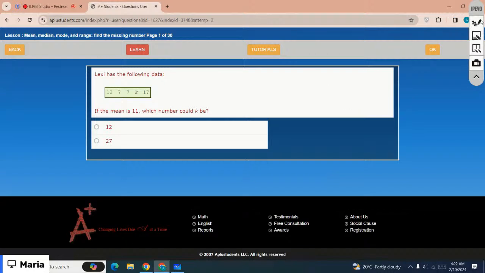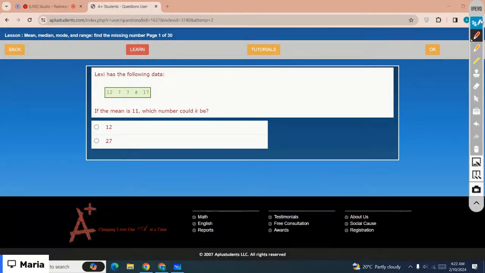Let's see if K is 12. Replace the K by 12. That is 12 plus 7 plus 7 plus 12 plus 17. They are 5 in number. The answer must be 11, right? Let's add and divide by 5.